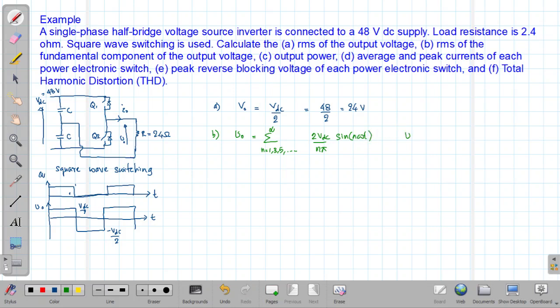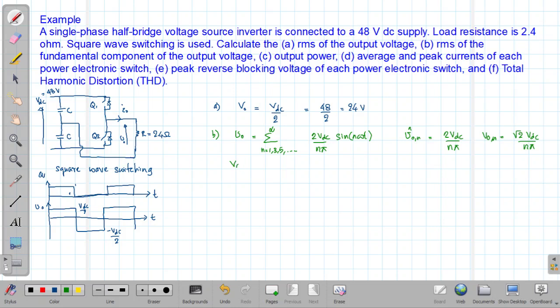So we could express the peak of the nth harmonic as 2 VDC over n pi. So we could write the RMS of the nth harmonic as root 2 VDC over n pi, because if we divide by root 2 we will get the RMS value.